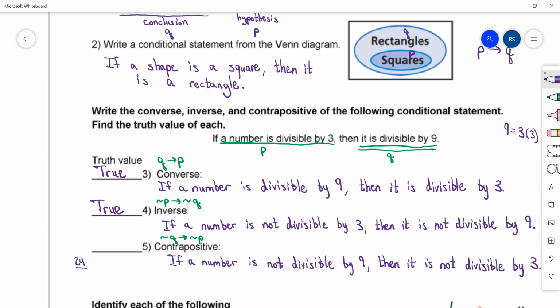Can I divide 24 by 9? No. Can I divide 24 by 3? Yeah, I get 8. So 24 is not divisible by 9, but it is divisible by 3. This would be false.